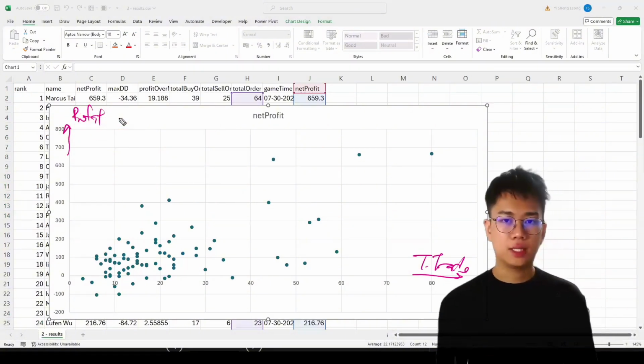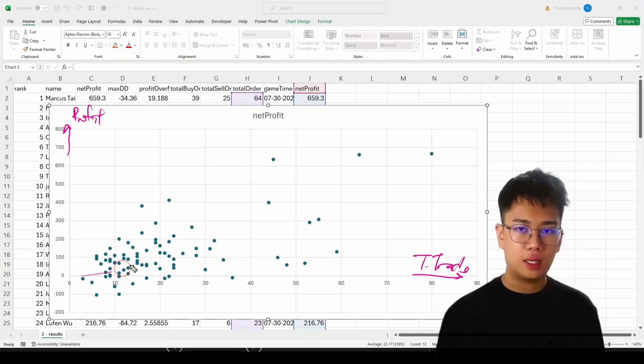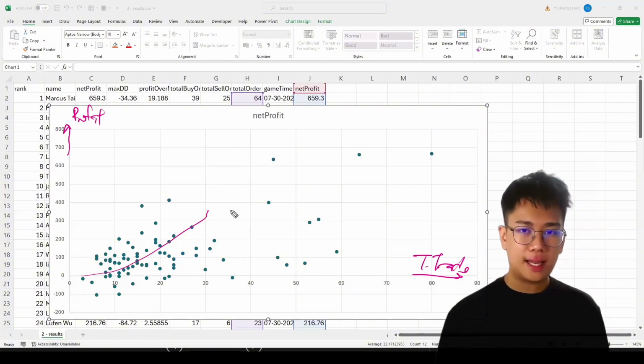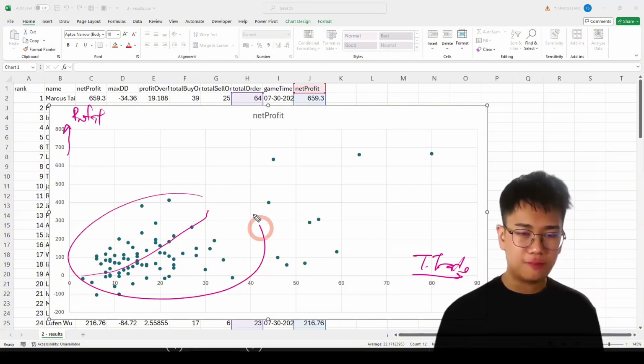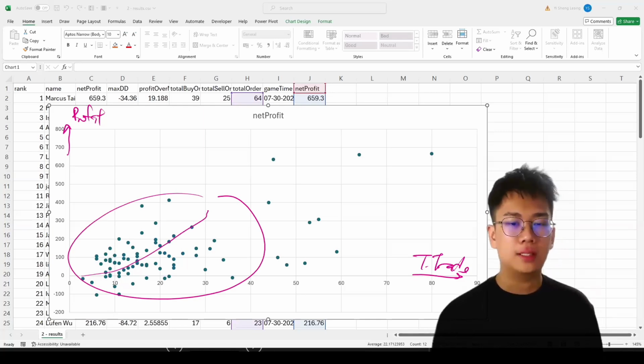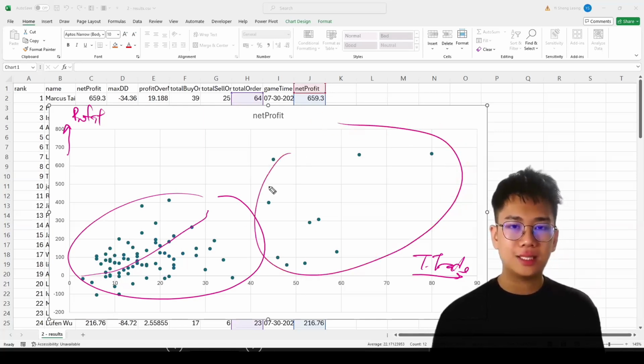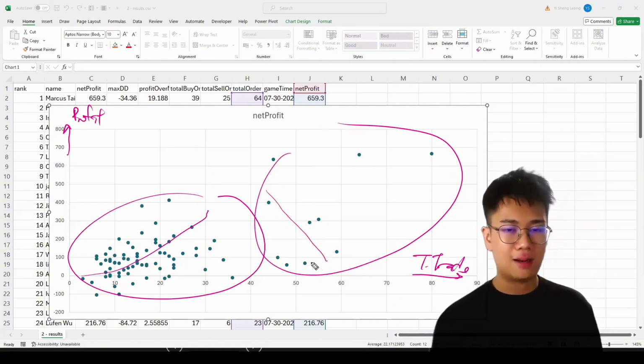From this chart, we can see that the overall market is moving up. It shows a tendency whereby this group of people, the more they trade, the more they earn. And this group of people shows a tendency that the more they trade, the less profit they make.